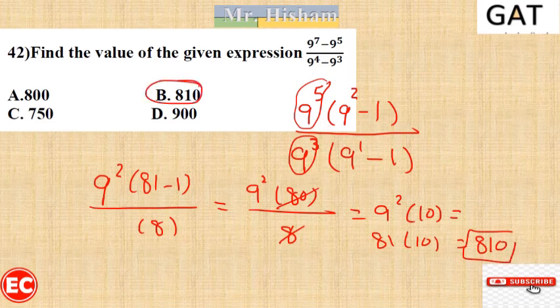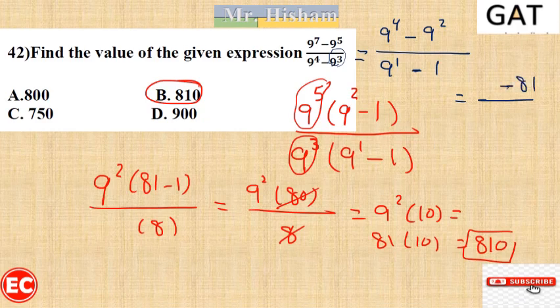Another method of solving this question: once you start, you can take away 9 power 3 from each term. So this will be 9 power 4, 9 power 2, 9 power 1 minus 9 power 3, which is going to be 1. So it's 9 power 4, which is 81 by 81, minus 81, divided by 9 minus 1, which is 8.